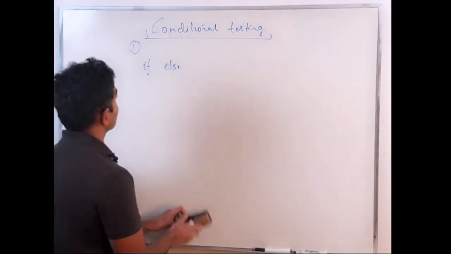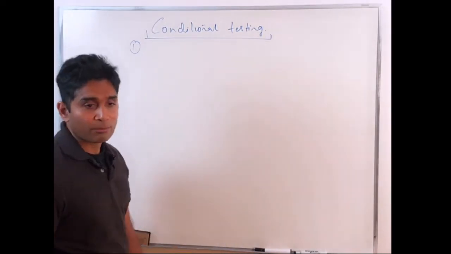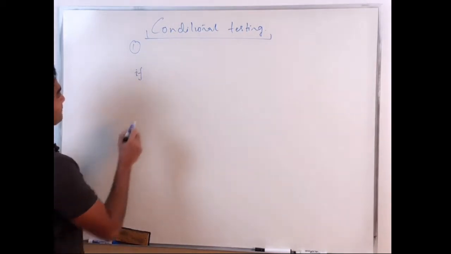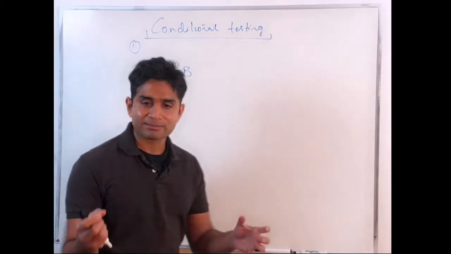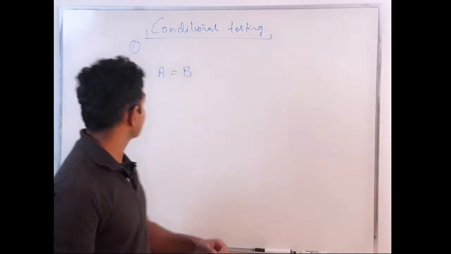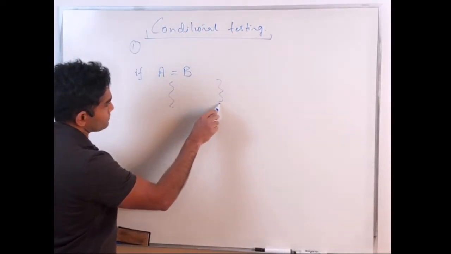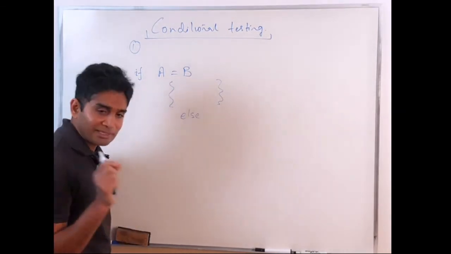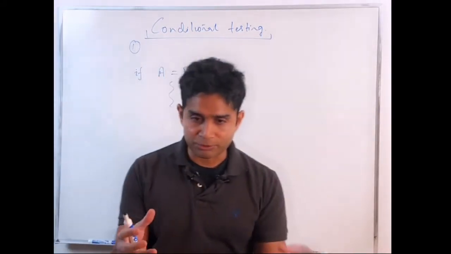So, one way of letting the computer do some routine operation would be starting with some code. Say, if a equals b, there are two variables, so you assign some value to those variables, and during the progression of the code, if a equals b, you ask the computer to do a certain set of operations. And then else, again you're doing a conditional test. If a equals b, that means you're comparing those magnitudes together.